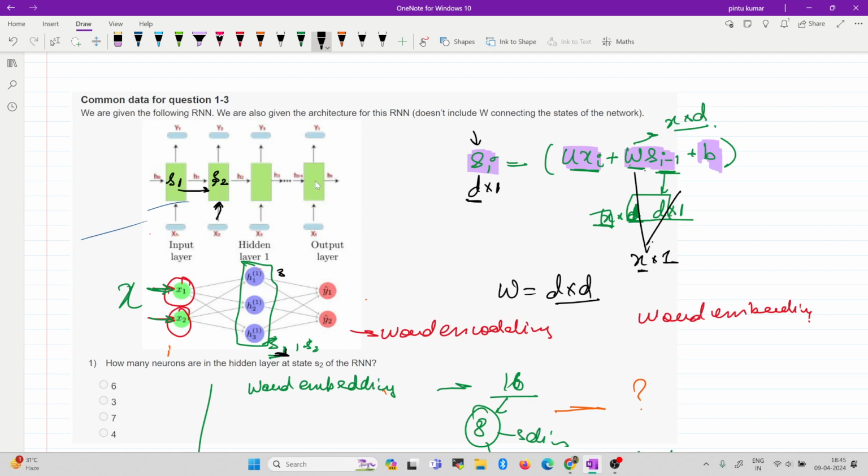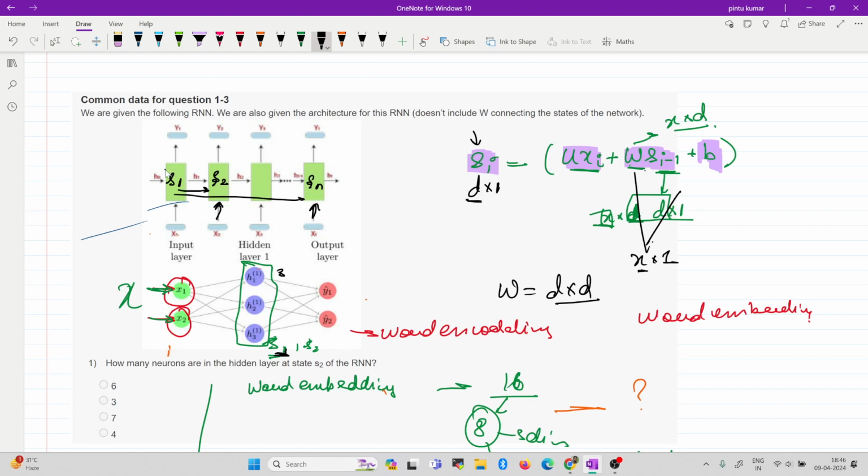Similarly, at let's say Sn, you are storing the input that you are having over here, as well as all the information from the previous steps. So in this process, you are morphing information one on top of the other.